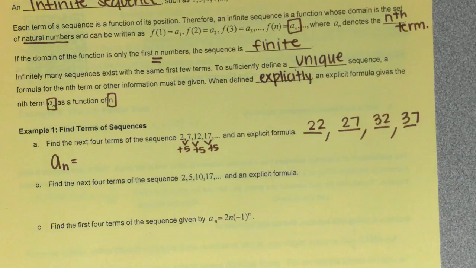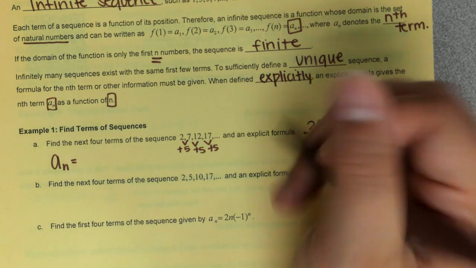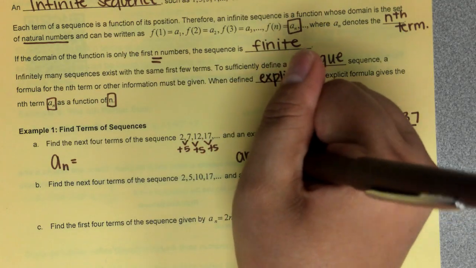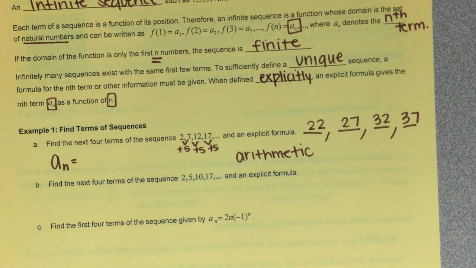If it's adding the same number every time, what is that like as far as equations go? Plus 5, it is a linear equation. Now, we're not doing equations, we're doing sequences. So instead of linear, we call this arithmetic.